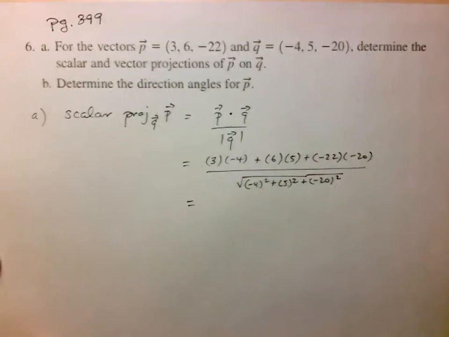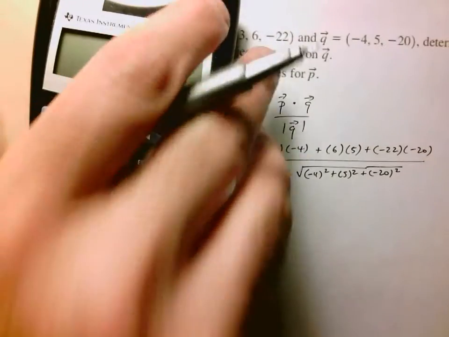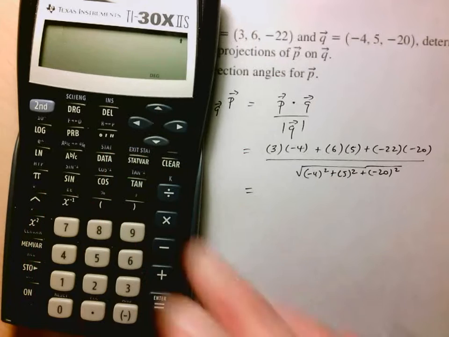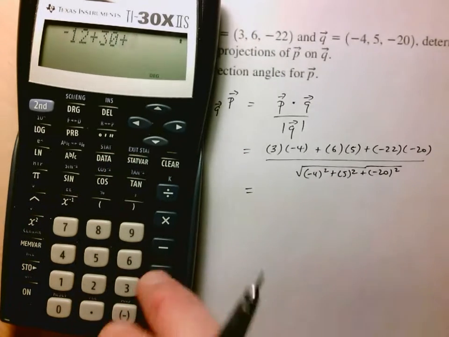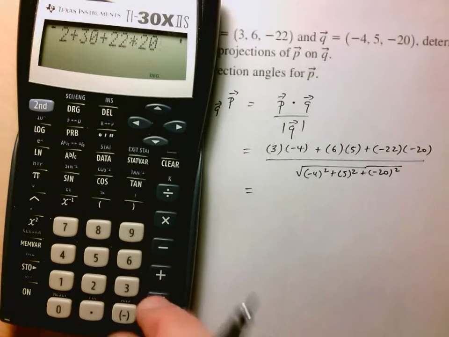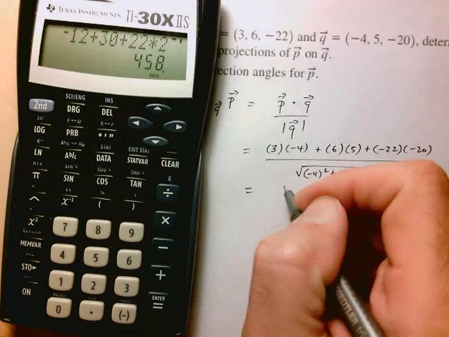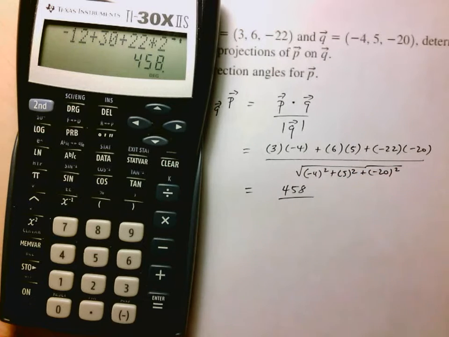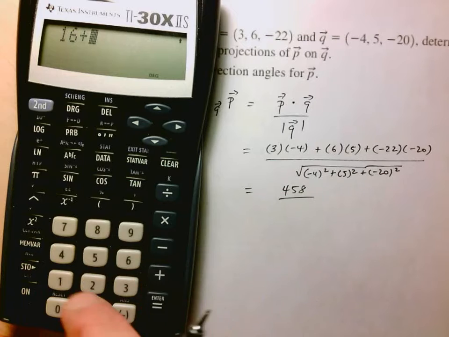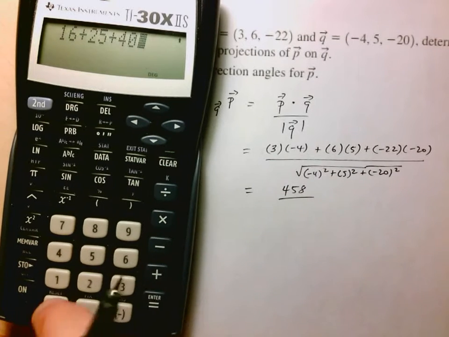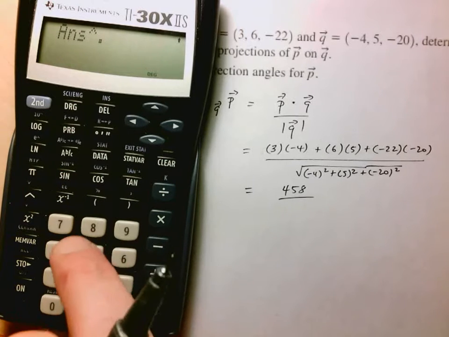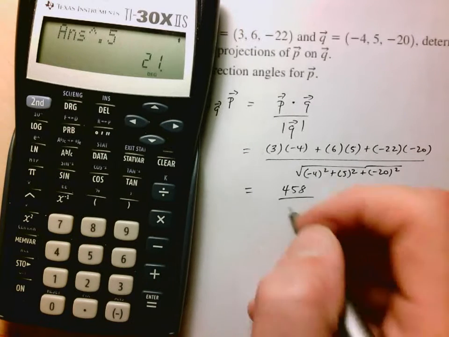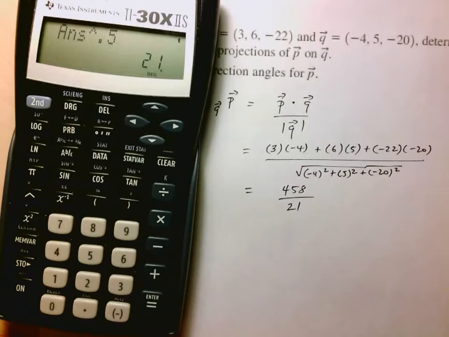Let's simplify this. -12 plus 30 plus 22 times 20 equals 458. In the denominator, we've got 16 plus 25 plus 400, and I believe that is a perfect square. There we go, 21.